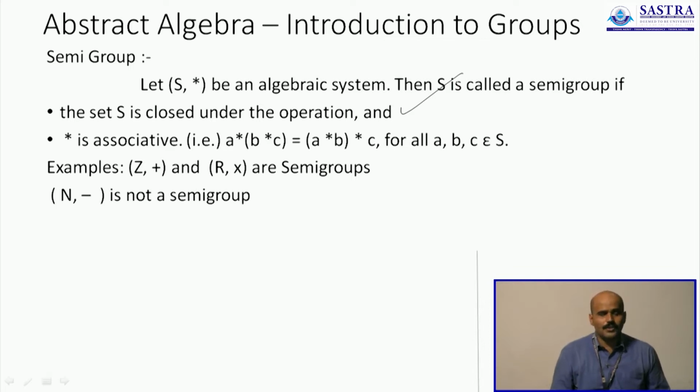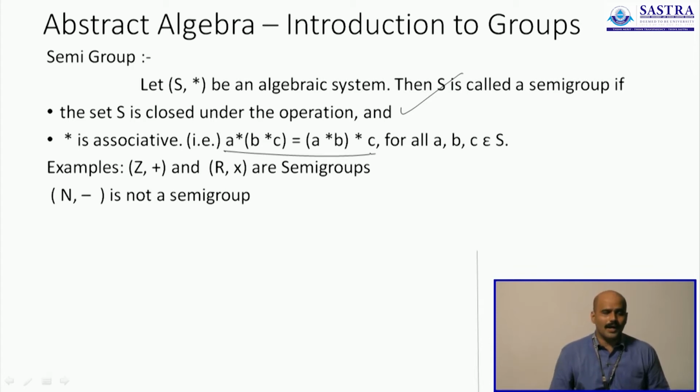The second condition is that the binary operation that we define must be associative. Associative as in, for 3 elements A, B, C belonging to the set, these 2 answers should be the same, which means I can pick whichever pair of operands to operate first and then do the other pair.